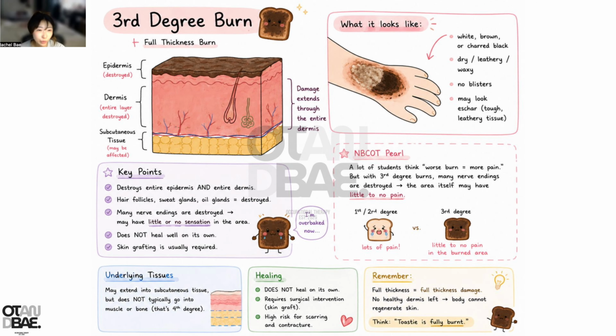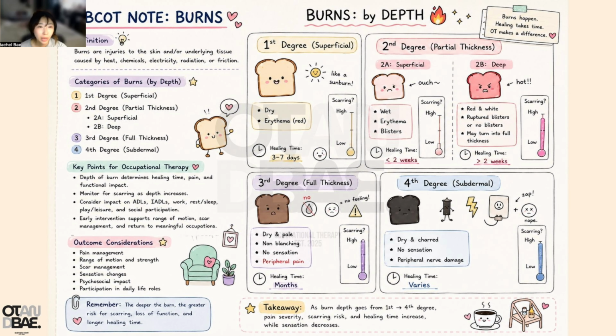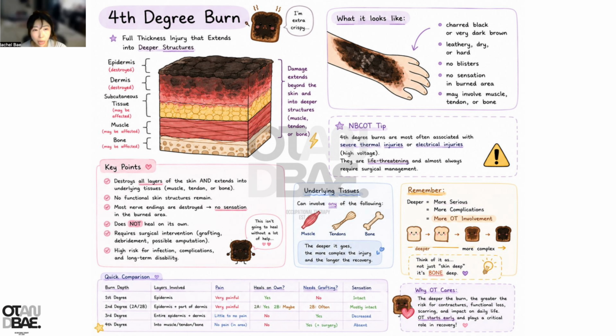Now let's go one step deeper. The fourth degree burns don't stop at the skin, right? They continue into deeper structures like muscle, tendons, and even bone. This type of burn is often associated with severe thermal injuries or high voltage electrical injuries. Because these deeper tissues are involved, the injury becomes much more complex.